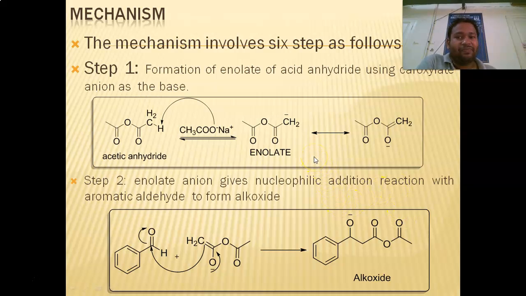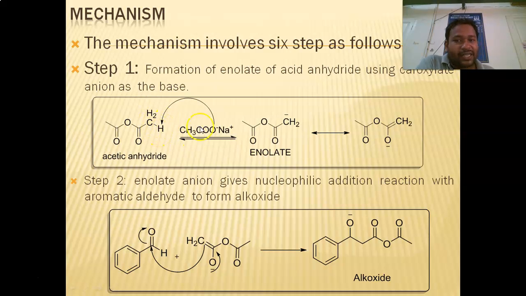The first step is the formation of the enolate. The acid anhydride contains the alpha carbon, which has 3 alpha hydrogens. We know that alpha hydrogens are acidic in nature, so it easily donates an H plus ion.